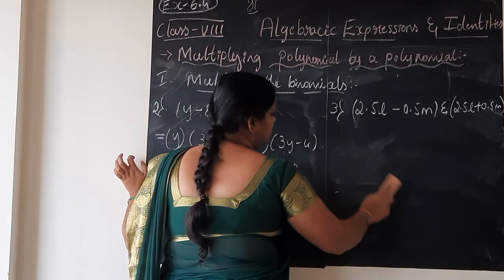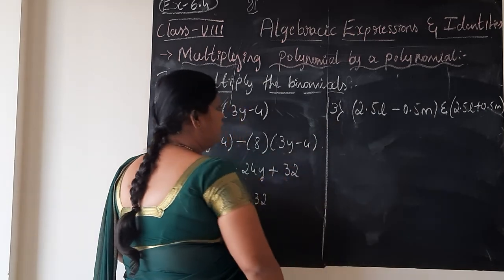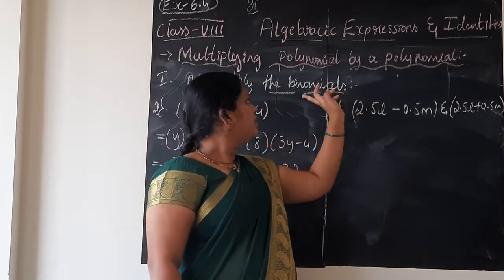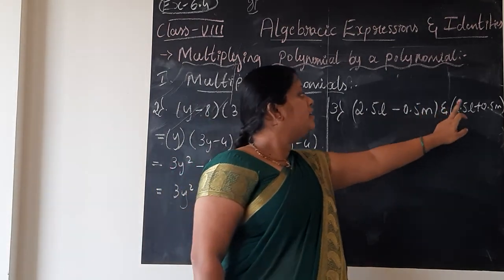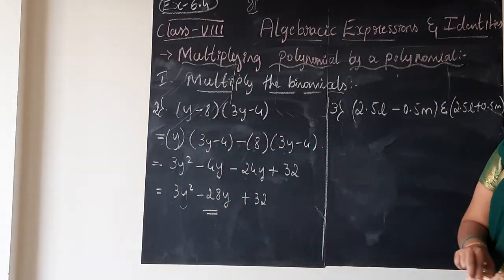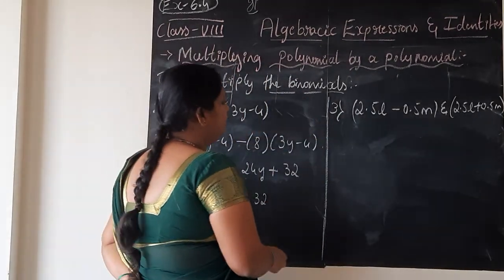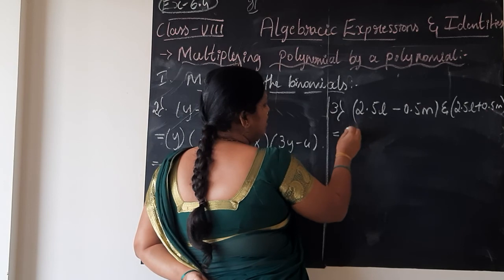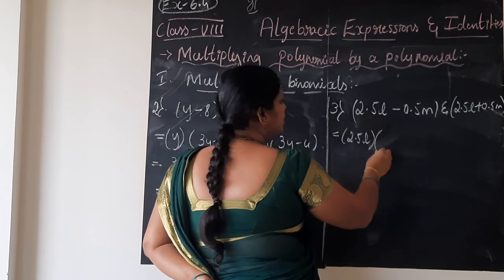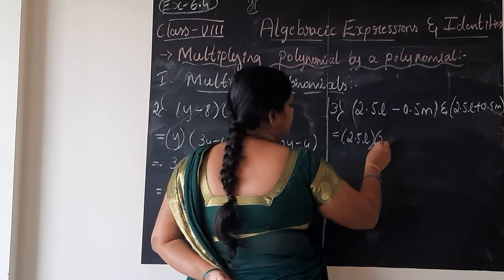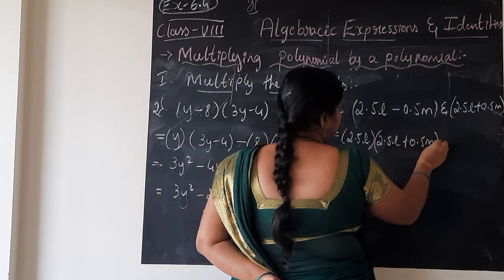Next you have decimals, children, so I thought of solving this for you. This is the third question in your first main. Multiply 2.5L minus 0.5M and 2.5L plus 0.5M. We follow the same steps, the only thing is that a decimal point is there. Don't worry. Again, first term along with the sign: 2.5L into the whole second bracket, that is 2.5L plus 0.5M.